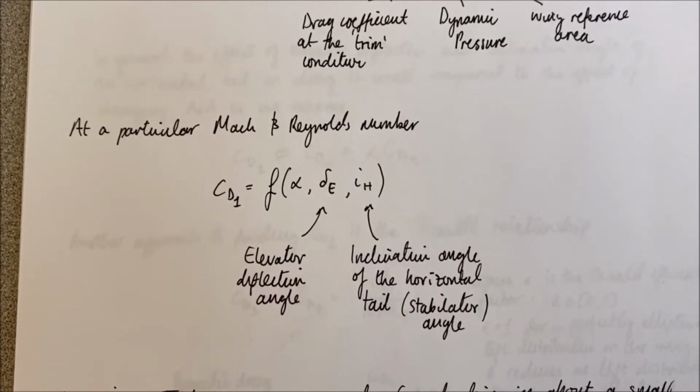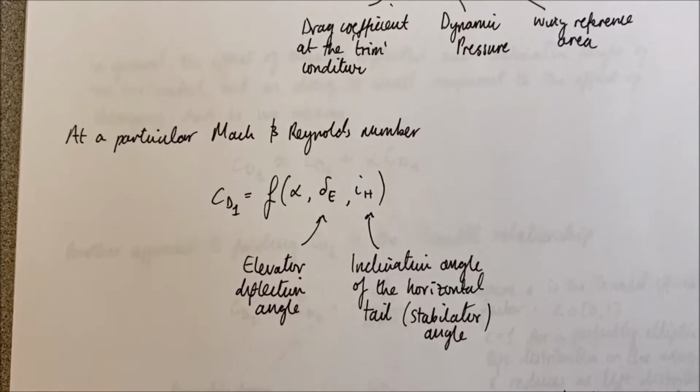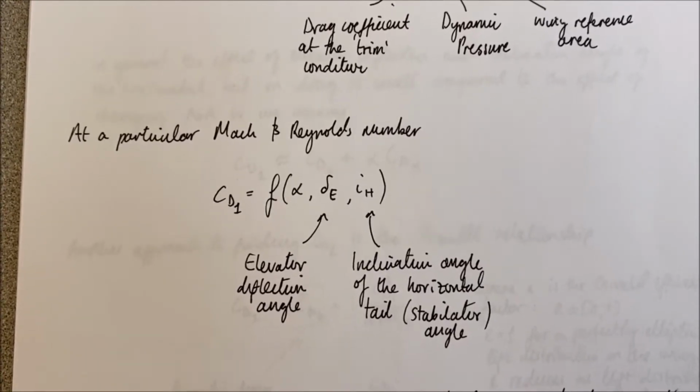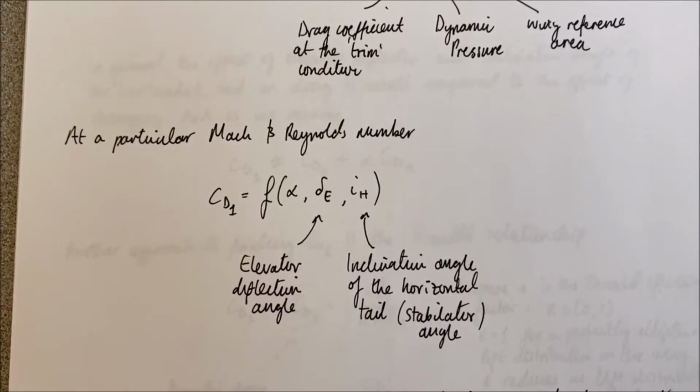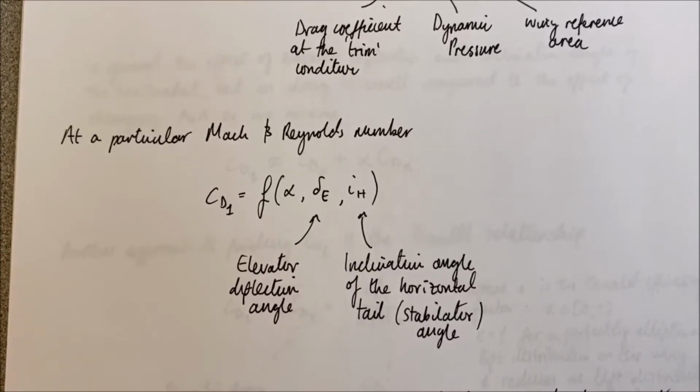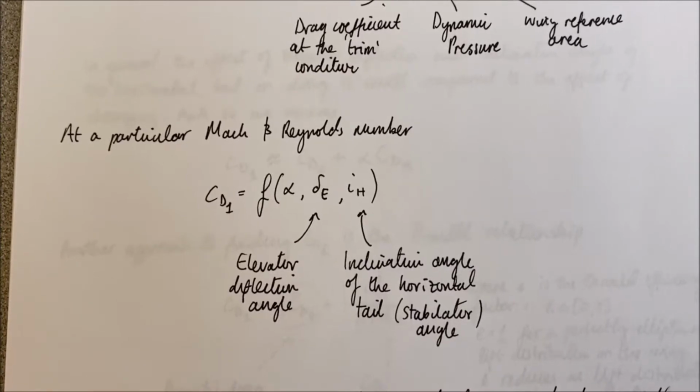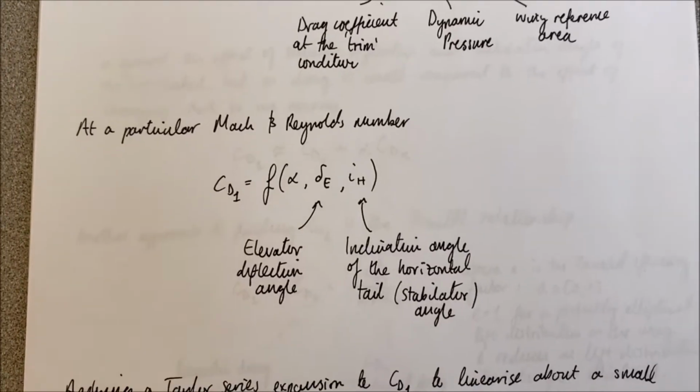So as we change any of those three parameters, we're going to change the drag coefficient, right? We could also include the inclination angle of the wing, I subscript W, in this formula.